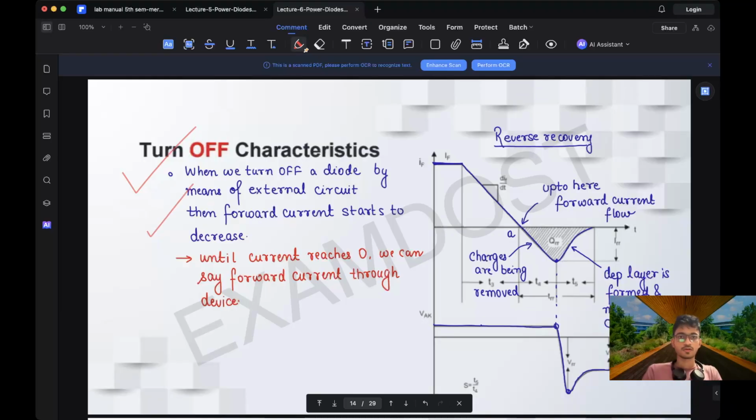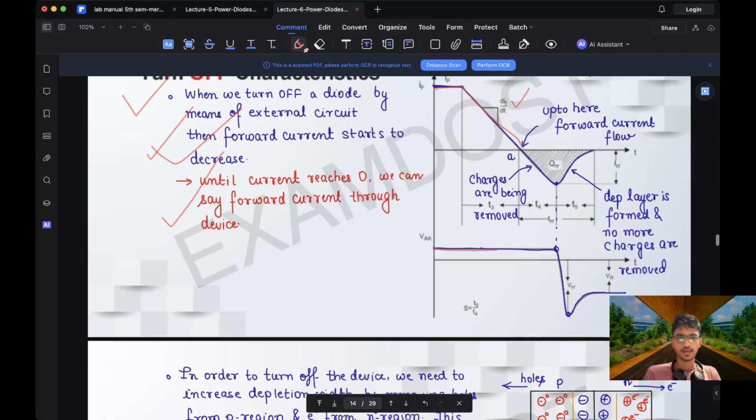Obviously we are doing it through an external device, changing the polarity, reducing the current until the current reaches zero. Here it is zero. Up to here forward current is flowing.